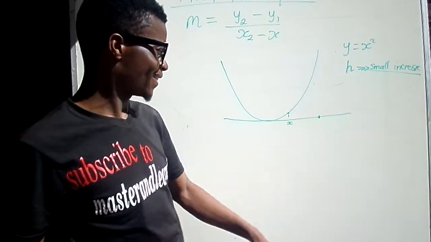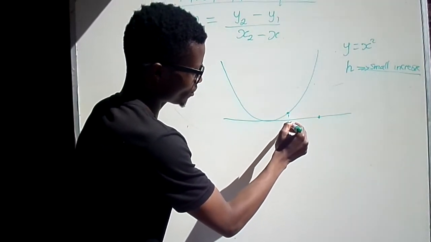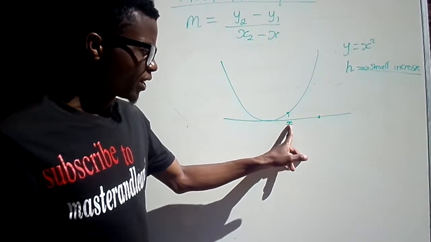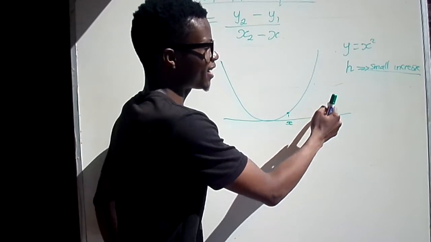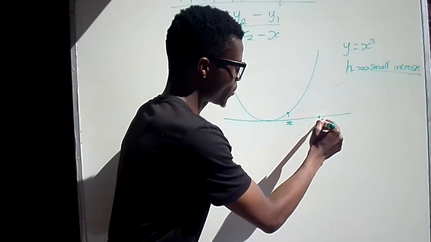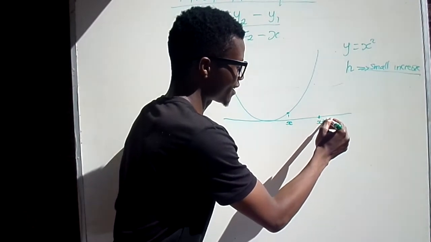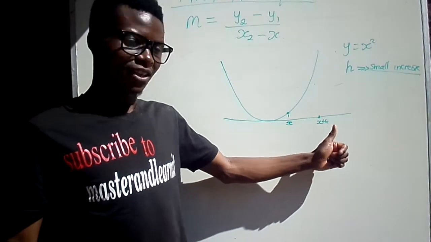So what we're saying is, if this coordinate is the x coordinate or the x1, what's going to be the x2? The x2 is going to be the x1 plus a small increase of h. So this coordinate is going to be x plus h, which represents our x2.